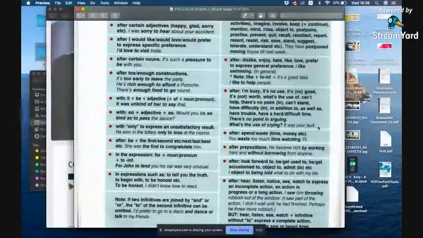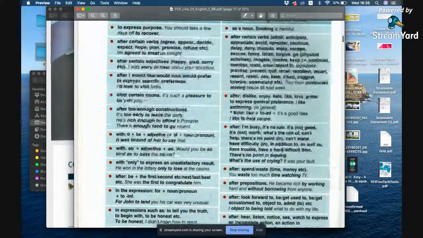All right. First things first, we do participles, gerunds, and infinitives. Please pay attention to this book.